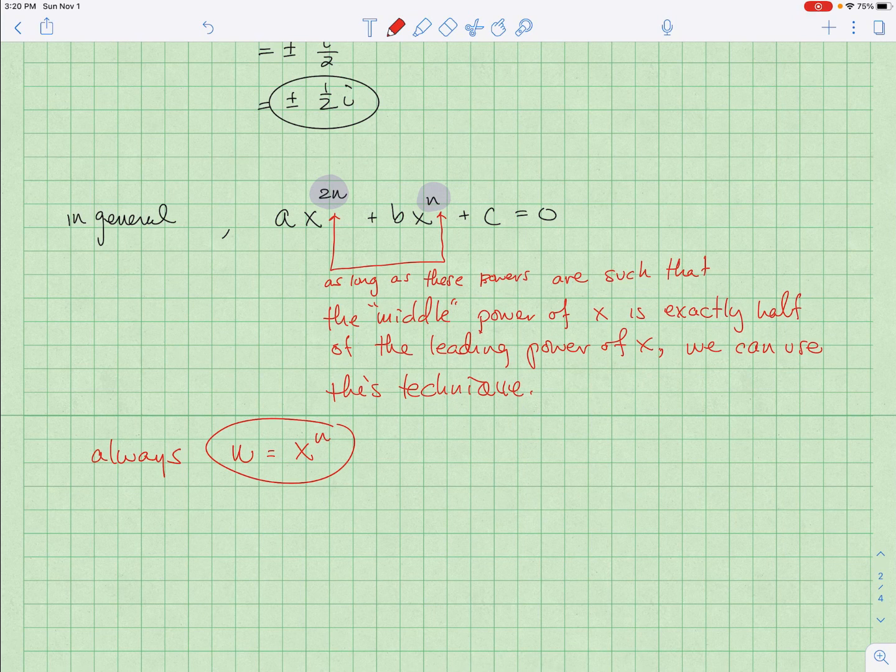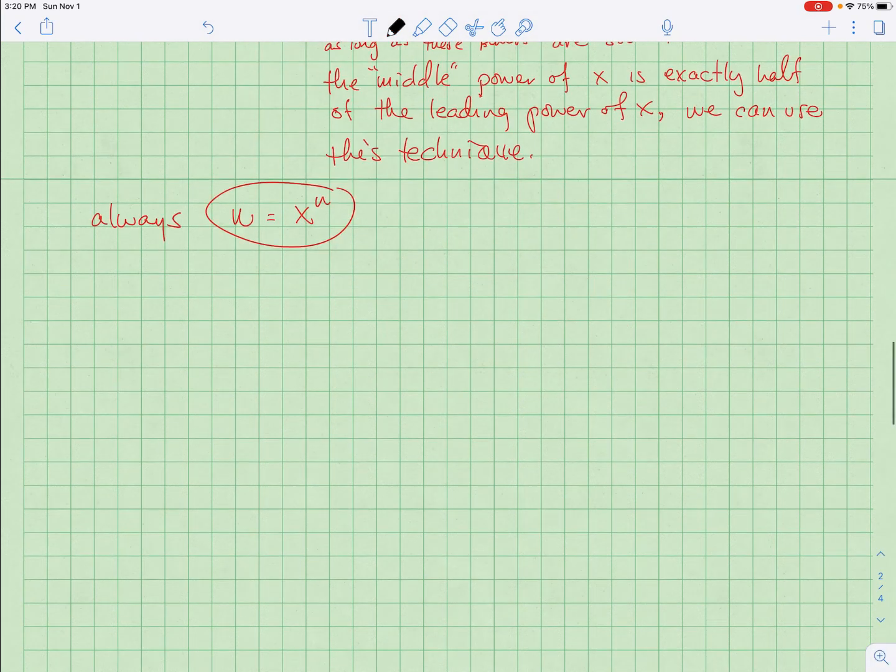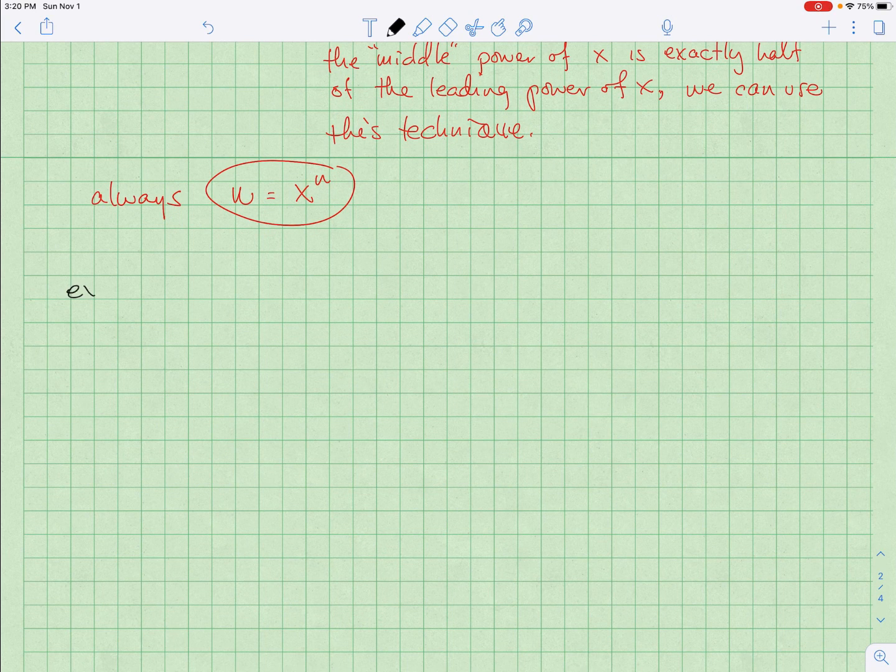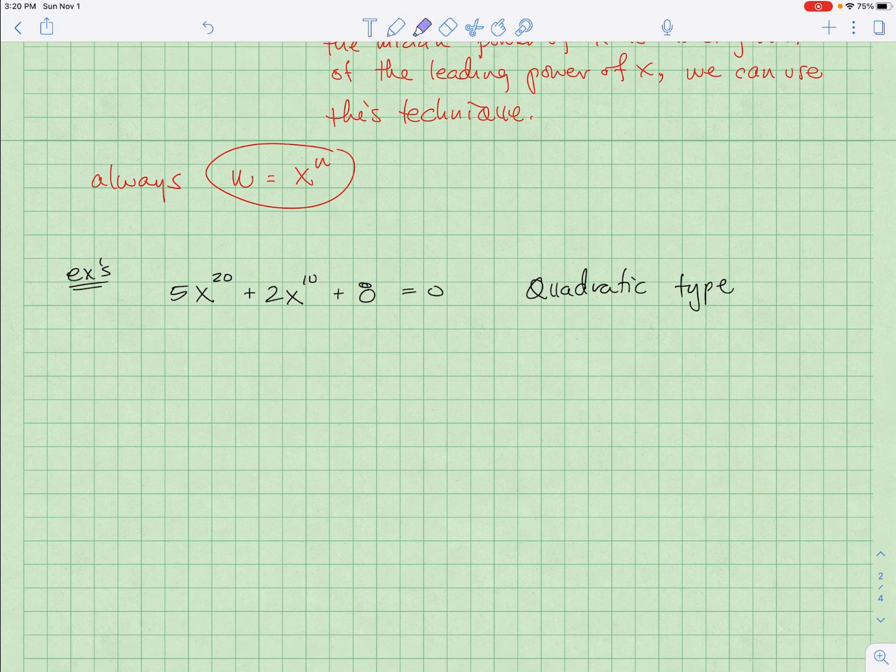So what do I mean by that? Well, let's take a look at some quick examples. 5x to the 20th plus 2x to the 10th plus 8 equals 0. This is quadratic type, or has quadratic form, because this power and this power are related by a factor of a half or a factor of 2, depending upon what you want to call that.